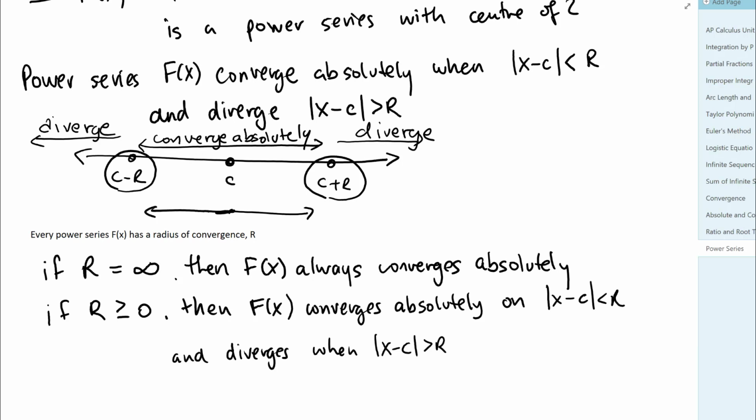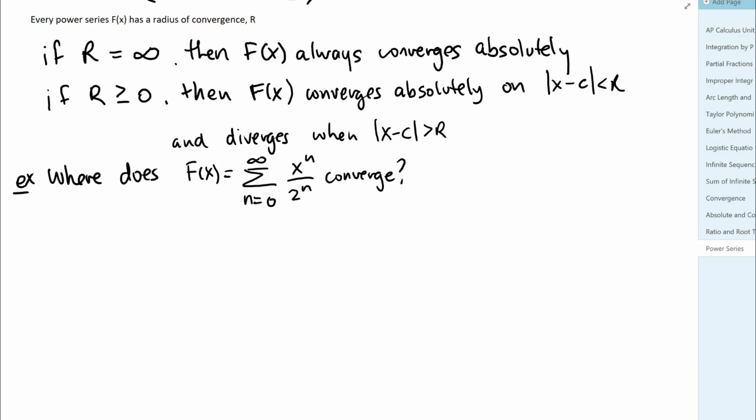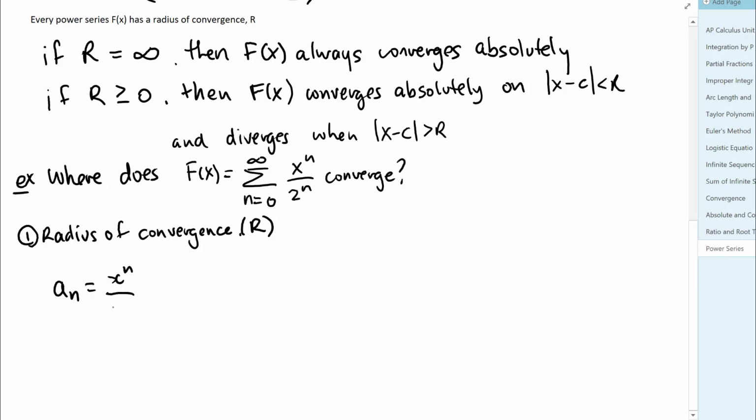So let's take a look at an example of this. Where does the power series described by the sum from n equals 0 to infinity of x to the n over 2 to the n converge? Well, the first thing we need to do is find the radius of convergence. We can do that by saying a sub n is x to the n over 2 to the n. And so the ratio is the limit as n goes to infinity of the absolute value of a sub n plus 1 over a sub n.